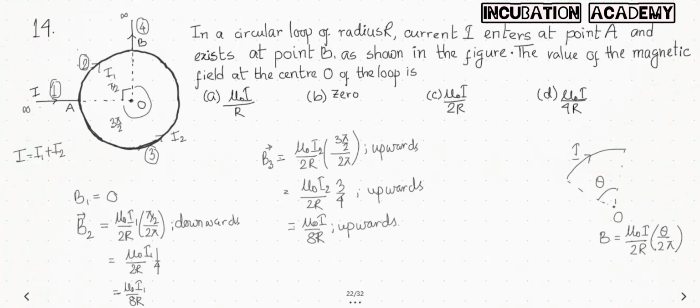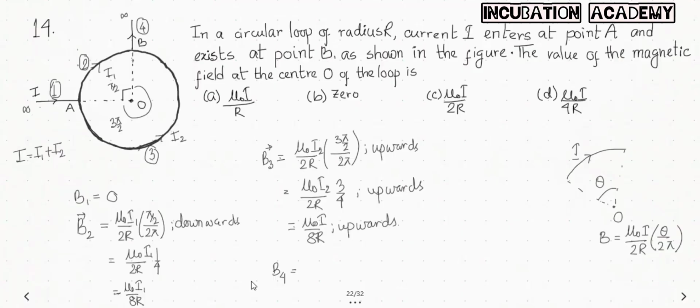Now what is B4, for the fourth section? Here also, for the same reason, the magnetic field is 0. The current is flowing through the B to infinity section, and the point O where we have to find the magnetic field is on the extension of that section. So B4 is 0.